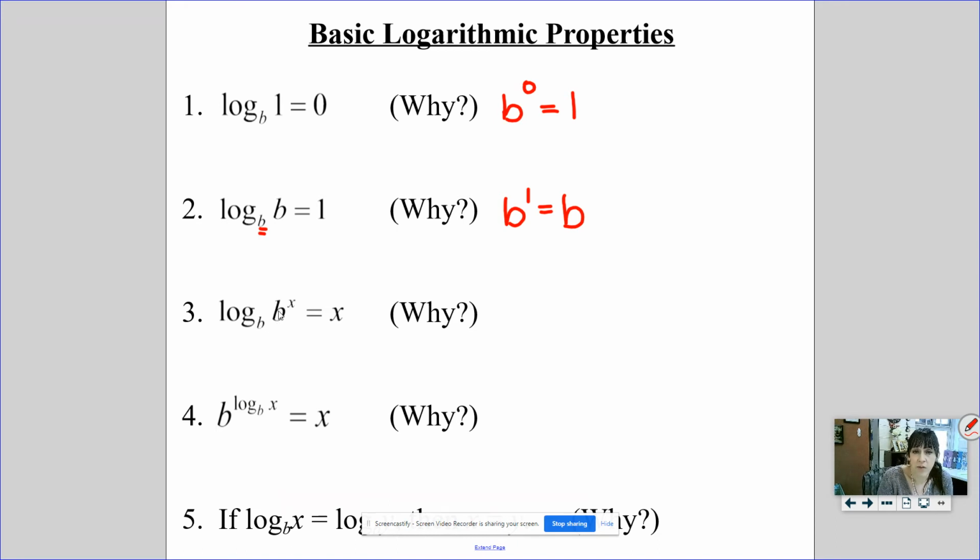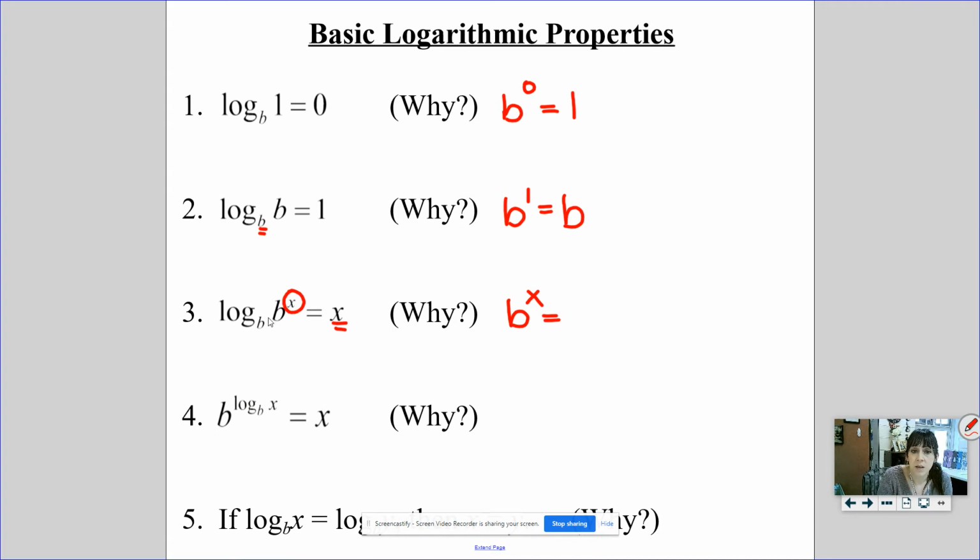Third property, this is kind of a weird one. Remember, b has to be a matching number. So this says log base b of b to the x equals x. So whatever this number is what it would equal. That's what the property is suggesting. Let's rewrite it as an exponential. So you take the base, which is b. The outside thing is the exponent, or whatever it equals is the exponent.